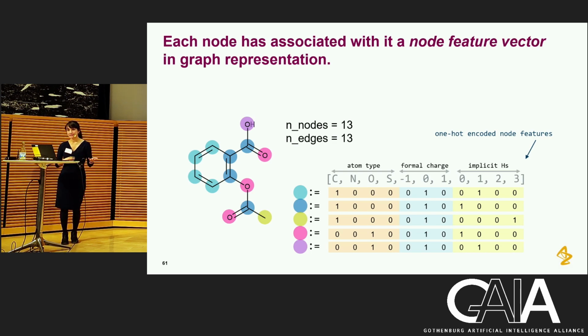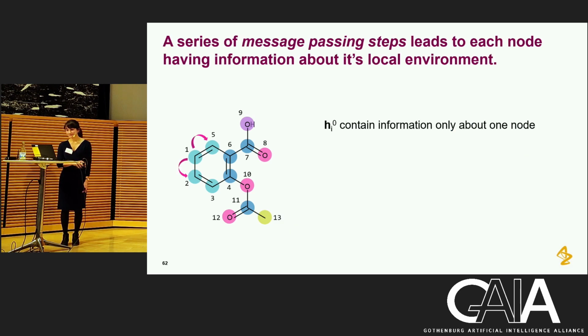You could actually use this as input to another feed-forward network and get out whatever properties you're interested in, but it's not going to be very good because every single node only has information about itself. As far as the model is concerned, these 4 carbon atoms are chemically equivalent when in fact they are not. But we can fix that.